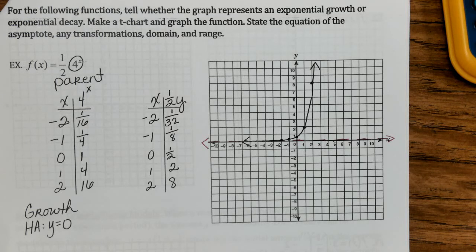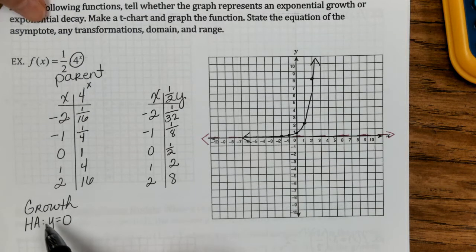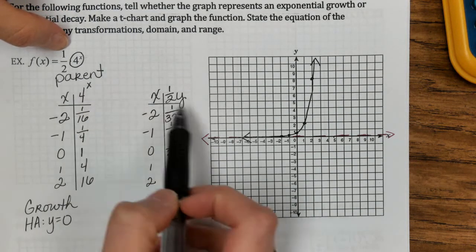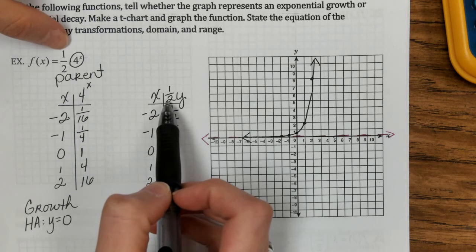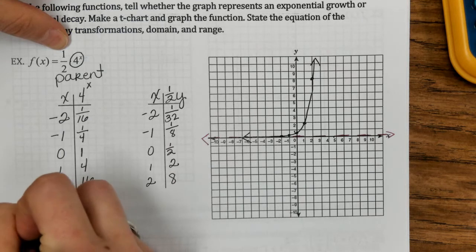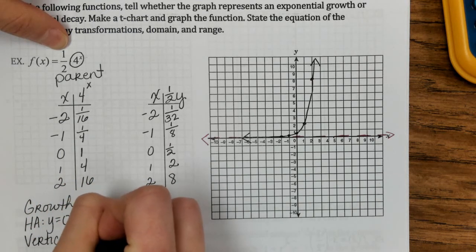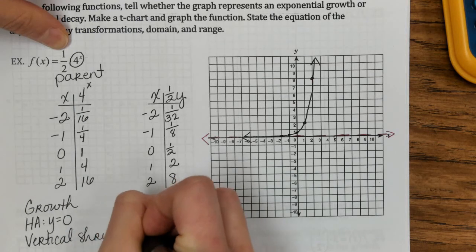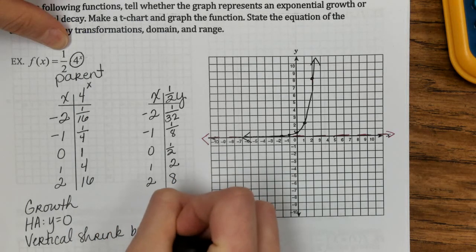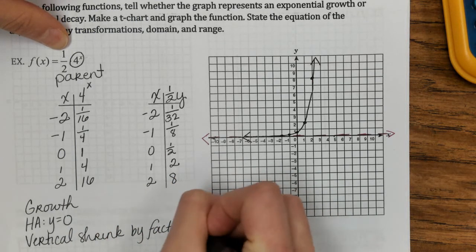Okay, so I graphed it. Stated my asymptote. Now, I only have one transformation. What is this transformation? I have a vertical shrink by a factor of 1/2.